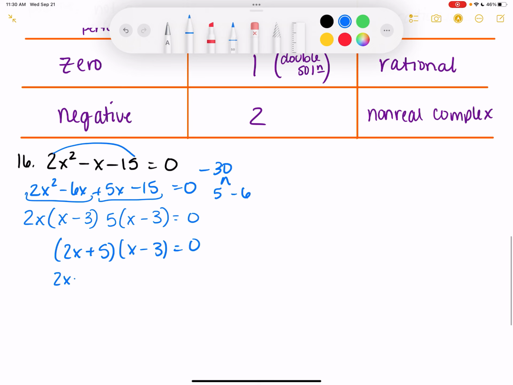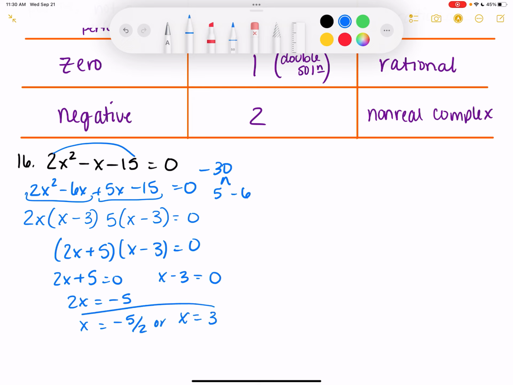So 2x plus 5 equals 0. X minus 3 equals 0. So then 2x equals negative 5, or x equals negative 5 halves, or x equals 3.